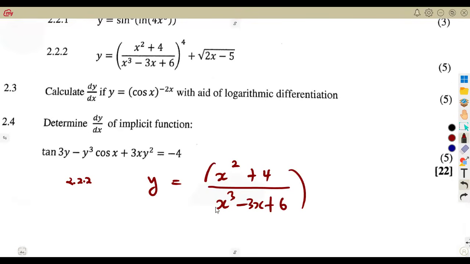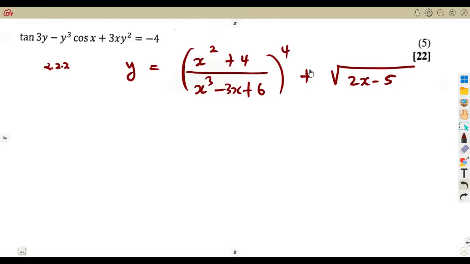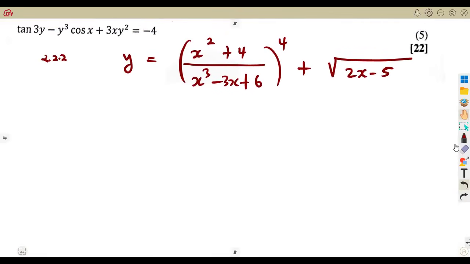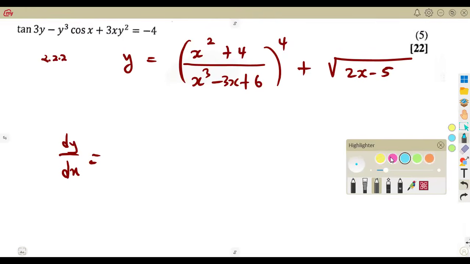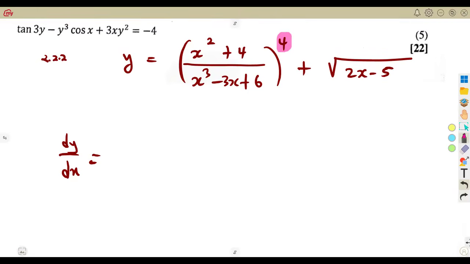And this whole part is being raised to the exponent of 4, plus the square root of 2x minus 5. Simplification is not required. So as you can see, we are back again, the first part, because of the exponent of 4. You're supposed to differentiate the same way of a function of a function. Drop the exponent, ignore this bracket that we are seeing. Focus on the exponent on its own for now.